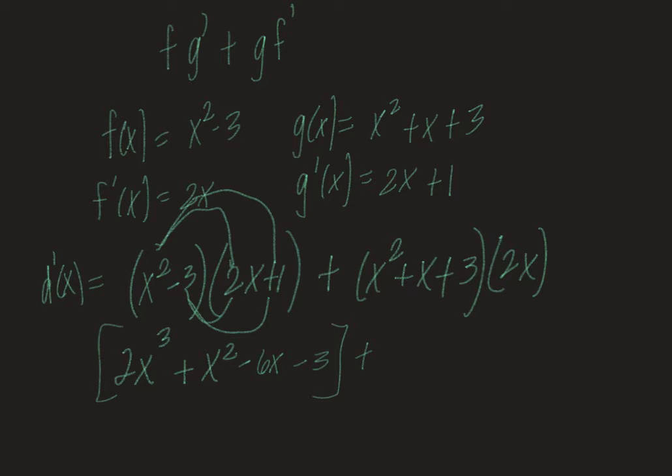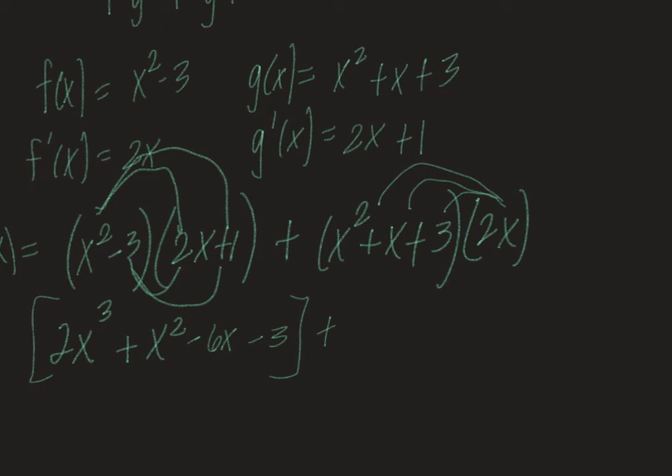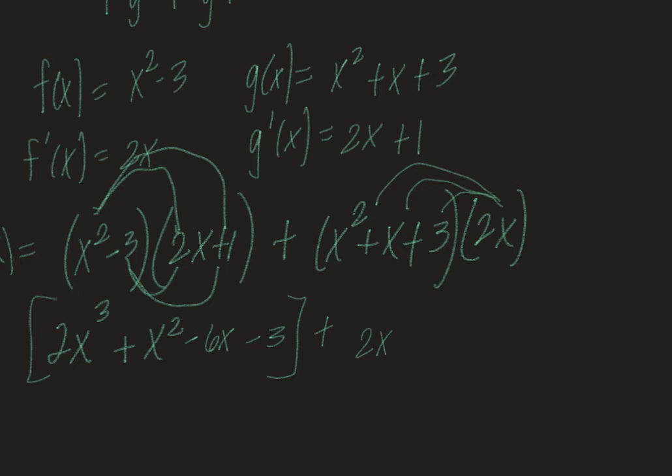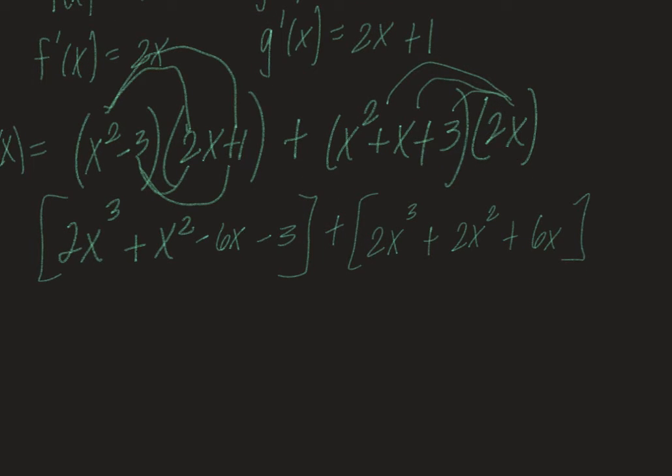So now I'm going to say 2x times x squared, 2x times x, and 2x times 3 to simplify this side, and I'll get 2x cubed plus 2x squared plus 6x, okay? And again, I didn't really need those brackets. I just wanted you to see this side versus that.